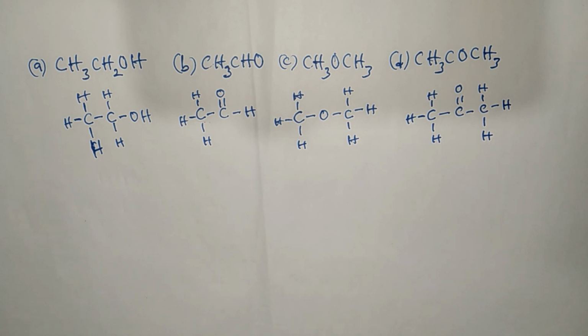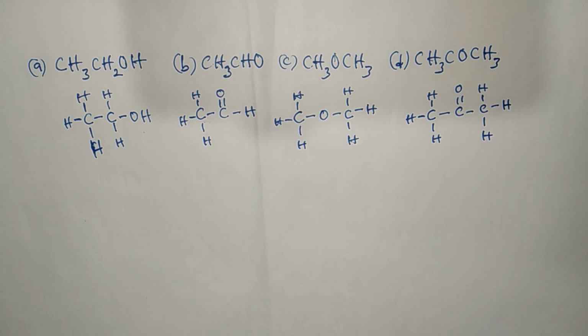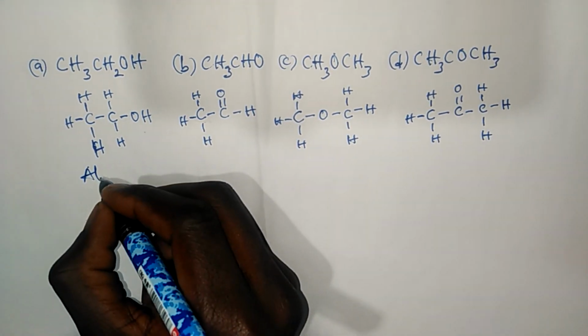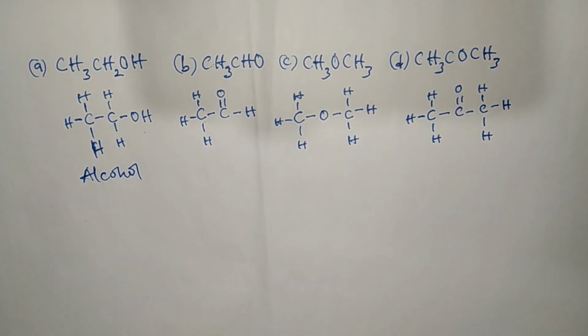Now, to identify the compounds, for compound A, whenever you see a carbon chain, and at the end of the chain there's an OH, it's referred to as an alcohol.